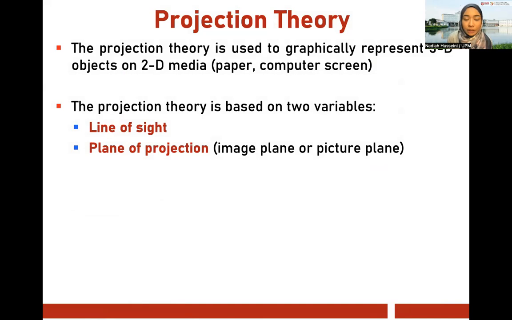So to know how to do this, we have to know the projection theory. So the projection theory is based on two variables. Dua benda yang menentukan projection theory, which is the line of sight or LOS, and also plane of projection.